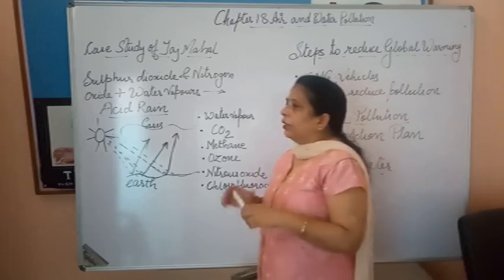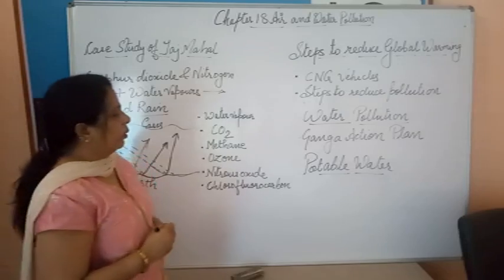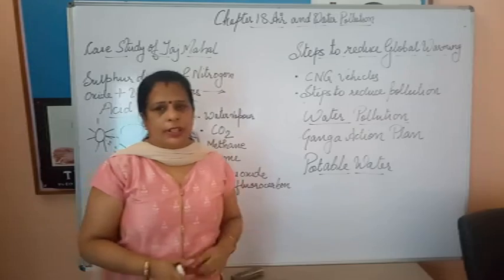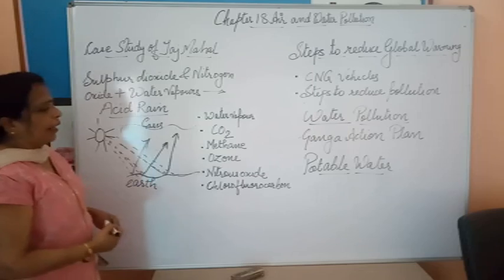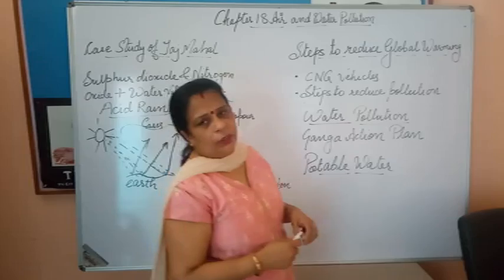Okay. In places where it is too cold, you might have seen nurseries with greenhouses and shades. Why? Inside it, plants are grown. Why is it so? It is also because of the greenhouse effect only.